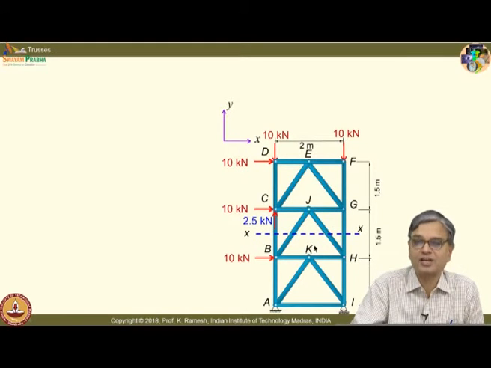I would simply put a horizontal cut. Here again I have 1, 2, 3, 4. Even though I cut 4 members, I have determined the member force here.